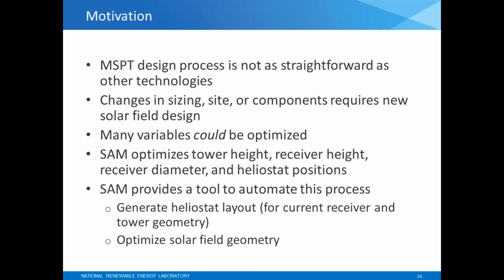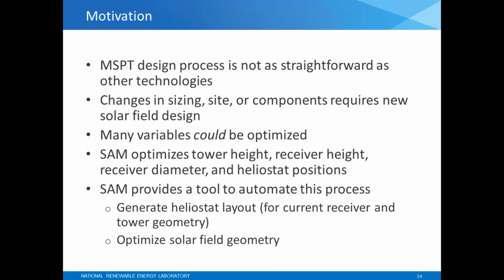The molten salt power tower design process is not as straightforward as other technologies. If you're looking at a trough system from the perspective of just performance modeling, it's fairly straightforward. If you want to add thermal capacity to a trough plant, you add loops, and it doesn't really require difficult computations.